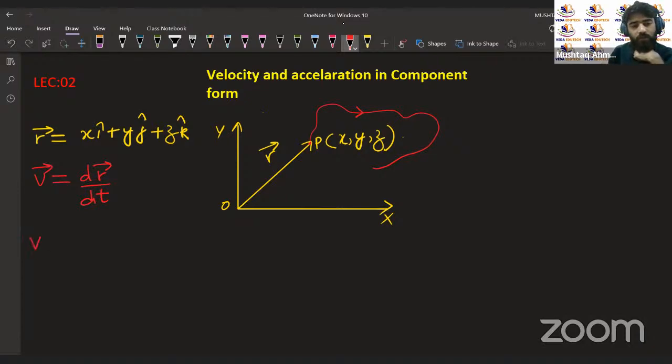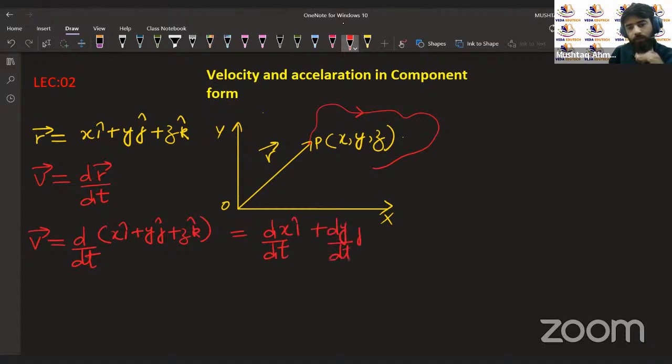We can replace this position vector with d over dt of x i cap plus y j cap plus z k cap. So it will be dx over dt i cap plus dy over dt j cap plus dz over dt k cap.